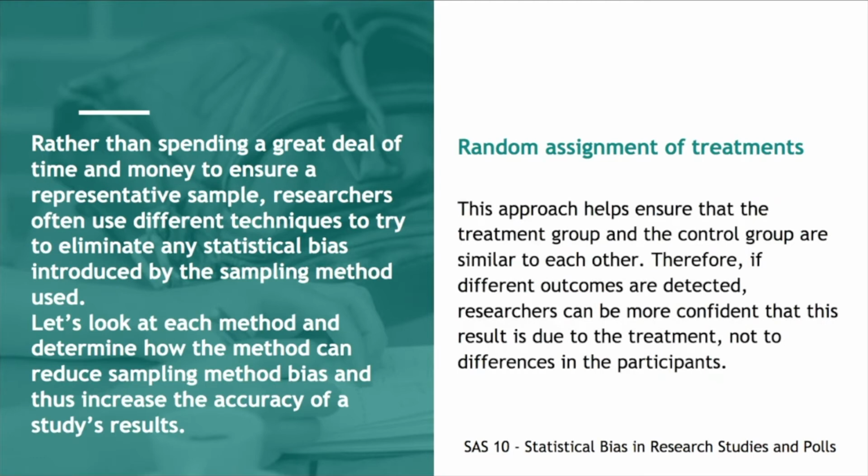The approach helps ensure that the treatment group and the control group are similar. If different outcomes are detected, researchers can be more confident that this is due to treatment, not to differences in the participants.